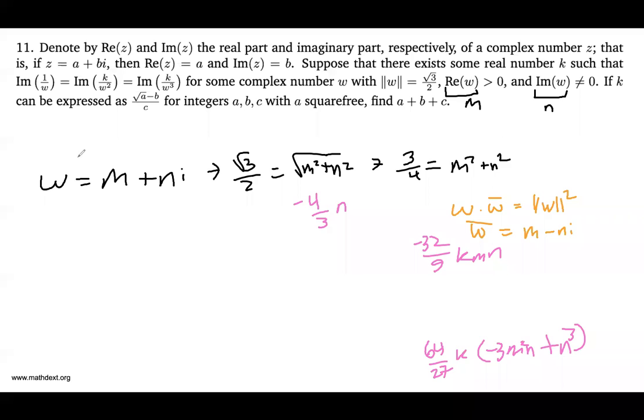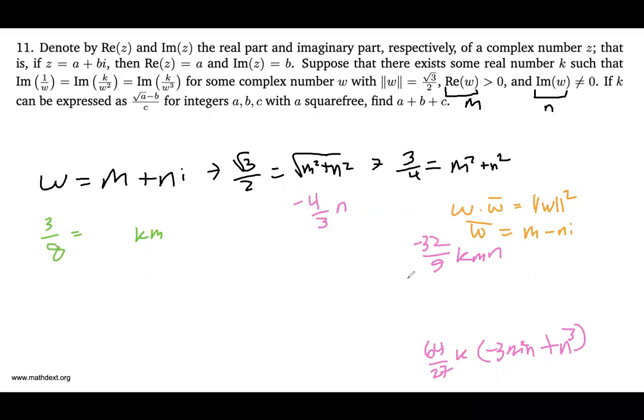So I could simplify this a little bit by saying negative 4/3 n equals negative 32/9 kmn, and you can get rid of the n from both sides, multiply both sides by 3, divide both sides by negative 4. This becomes an 8, this becomes a 1. Or alternatively, 3/8 is equal to km.